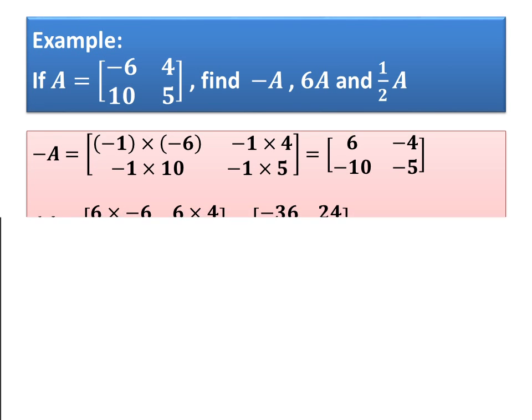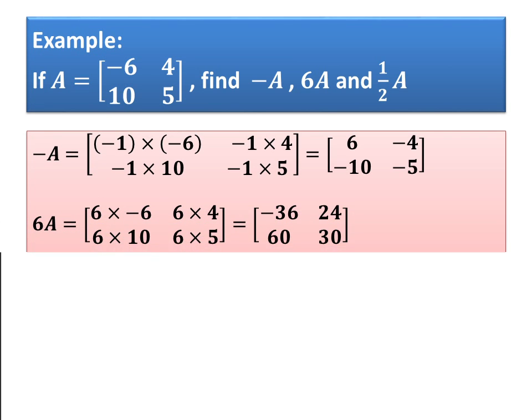Now we try to find 6 multiplied by matrix A. This means that 6 will be multiplied by each element inside the matrix. So 6 times minus 6, 6 times 4, 6 times 10, 6 times 5. So for this we have the 2 by 2 matrix, which is minus 36, 24, 60, and 30.